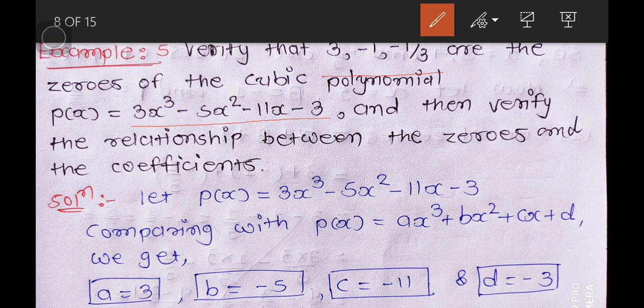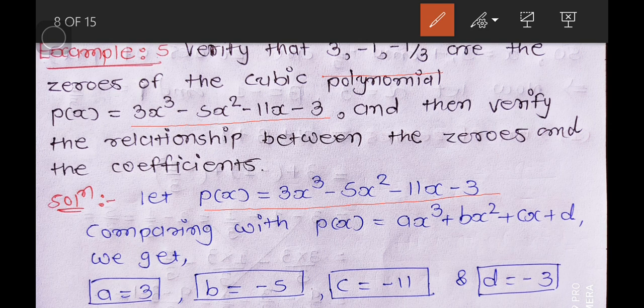So solution of this, first we check whether 3, minus 1 and minus 1 by 3 are zeros of p of x or not. So let p of x be given as p of x is equal to 3x cube minus 5x square minus 11x minus 3.